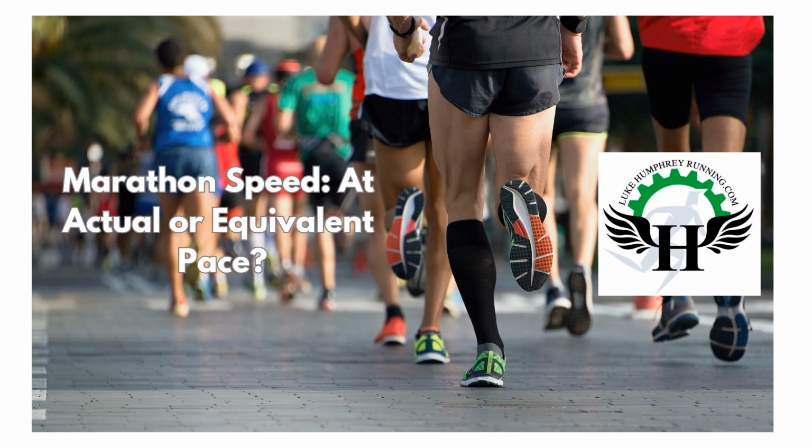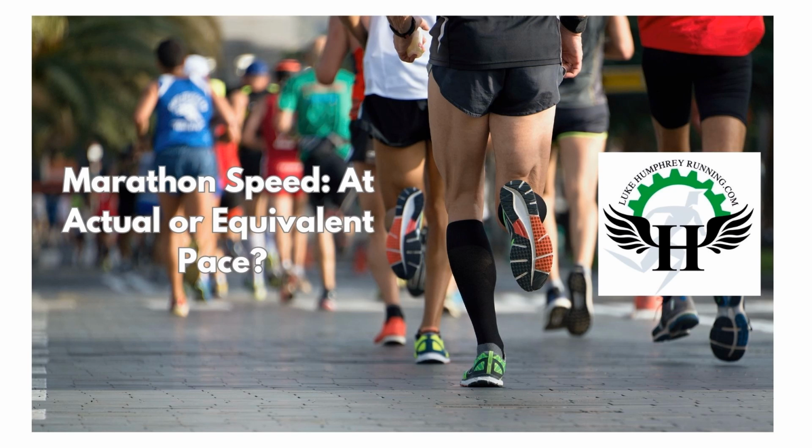Again, if you're not running those races over the summer, then I would strongly urge you to go a little bit more conservative and maybe just do the equivalent pace and not your faster actual pace. The exception to that rule is if you are running some races over the summer.